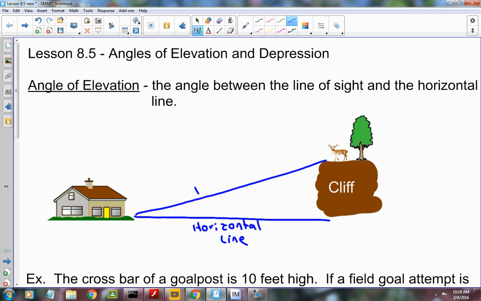This is your new line of sight. The angle created from your horizontal line of sight and your new line of sight is called an angle of elevation. It has to rise up above the horizontal line.